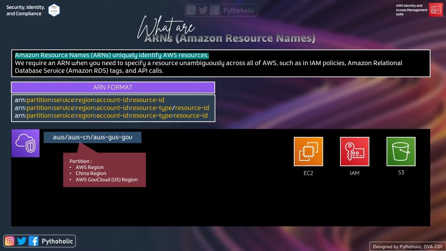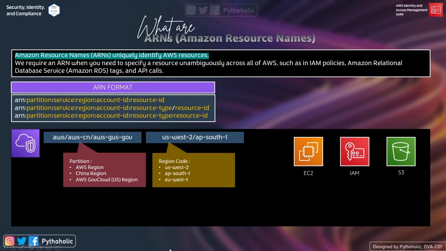Like we have aws, aws-cn, aws-us-gov, and this is the partition. aws is for the AWS regions, aws-cn is for the China region, and the third one is for the AWS GovCloud US region. So this is the partition, and this entry will be given in place of the partition that you see here.